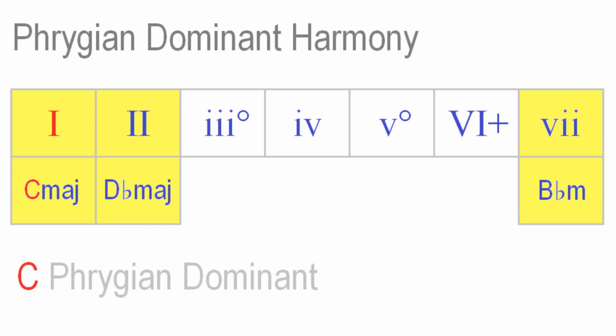Combine the 1, 2 and 7 chords in a sequence and you'll get a typical Phrygian Dominant derived harmony.